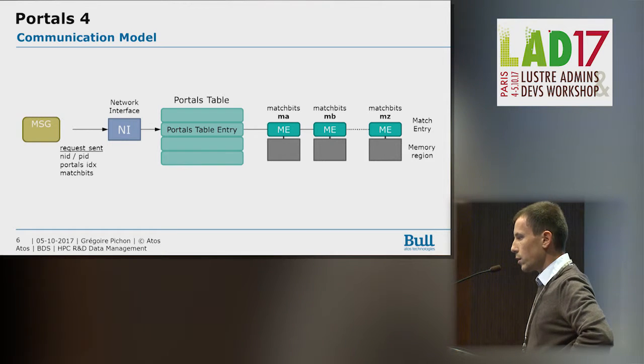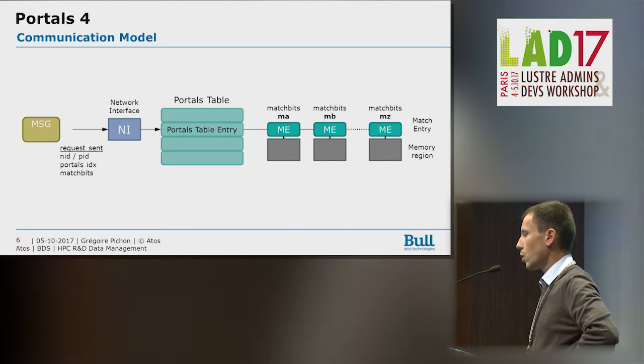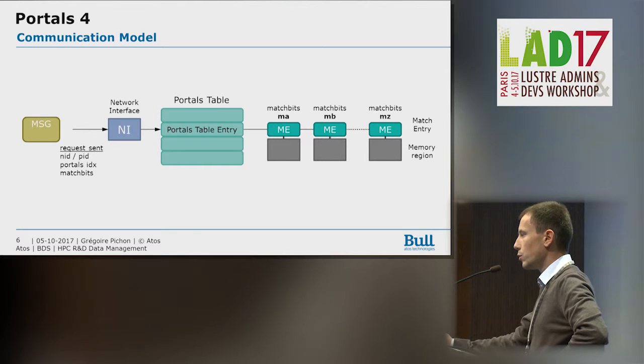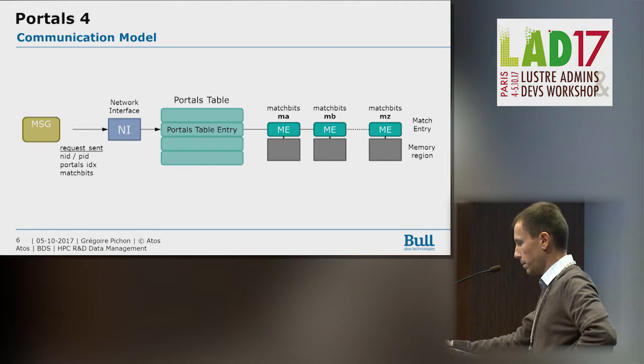So here is a summary of the main concepts of the communication model for Portals4. Every node that implements Portals4 defines a communication endpoint through a portal entry, and this allows it to be addressed using a network ID, a process ID, and also the portal index.